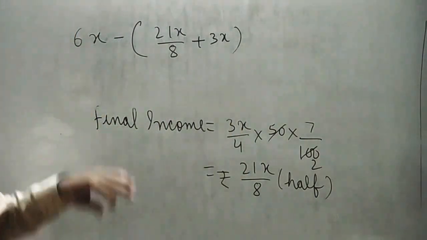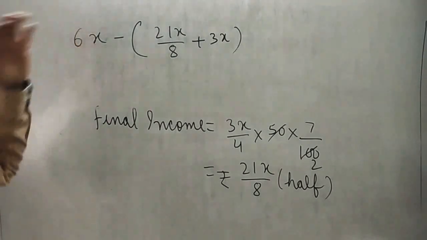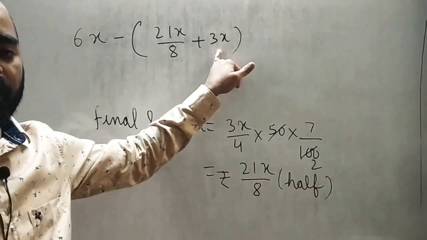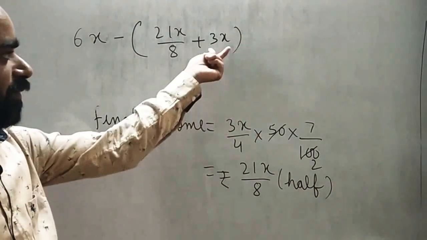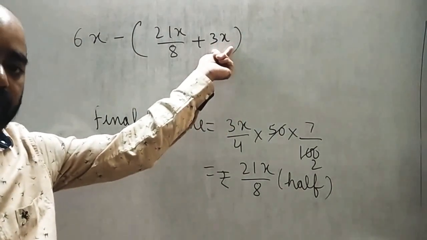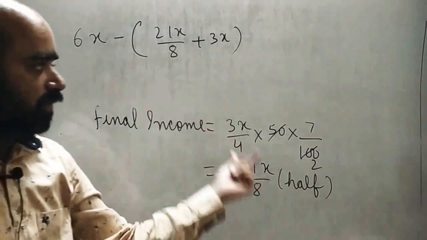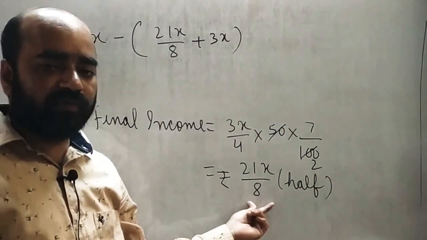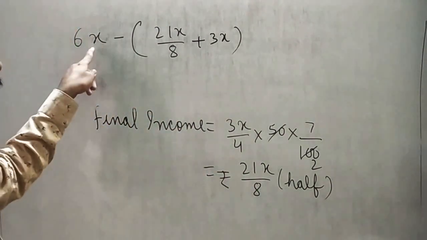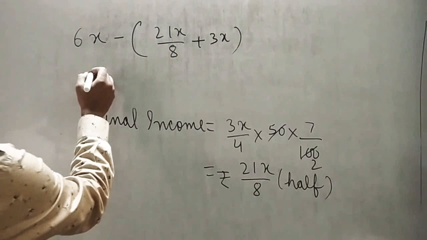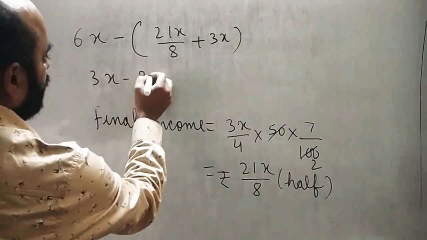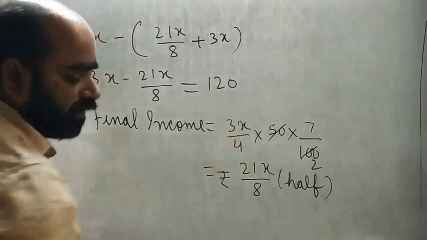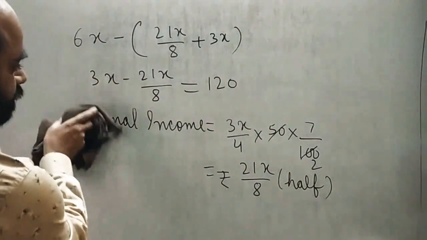This is clear? Initial total income 6x, but only half of the shares are sold and the remaining half are as they are. So for the remaining half the income will be 3x, and for the first half, for which selling has been done, the income is 21x by 8. So finally what will come? 6x minus 3x. So that will give 3x minus 21x by 8, and the difference is given as 120. This understood?